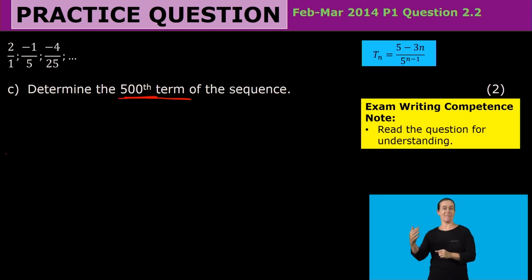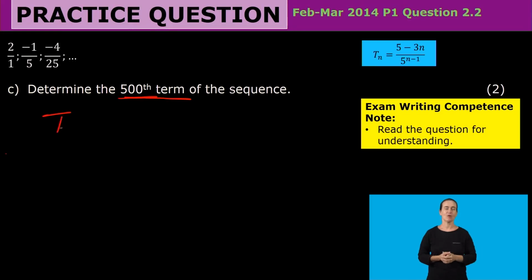Again, this means the value of n is 500. They are not asking which term, but they are asking you to calculate the 500th term. So they are giving you the value of n, which is 500.